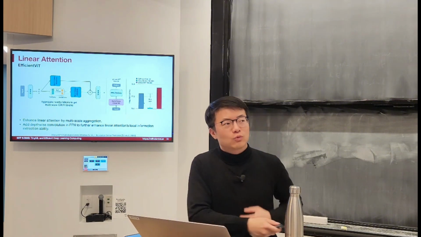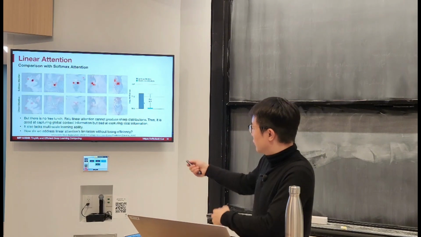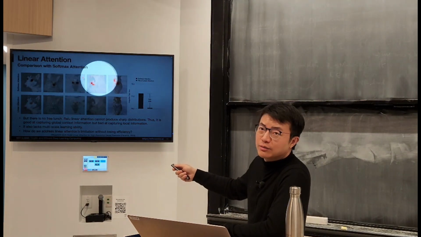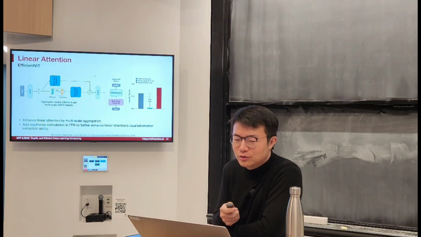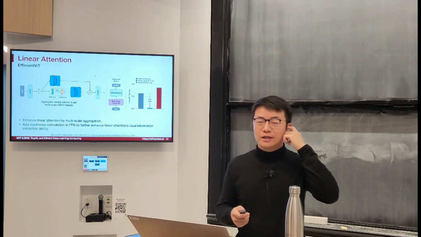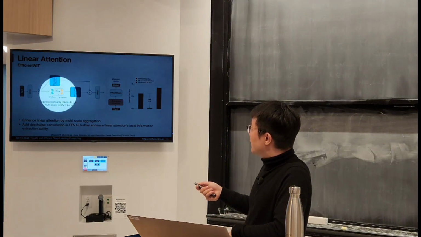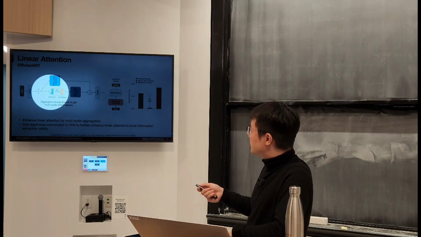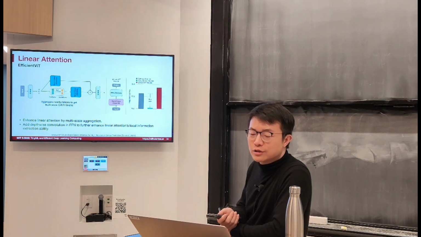So let's brainstorm what is good at extracting local information to compensate for the loss of local information extraction capability. That's convolution, right? Convolution is our friend to extract local information. So we can simply add a convolution branch to do the local feature extraction.